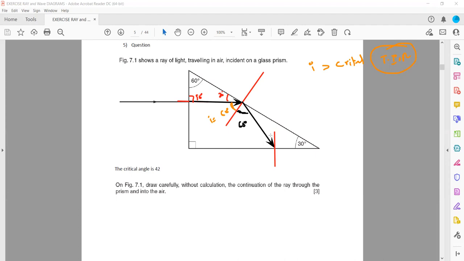So this was the incident ray. This appears to be less than the critical angle. So if it is less than the critical angle, what will happen? Moving from glass to air, it will bend away from the normal and the speed of the ray will increase.